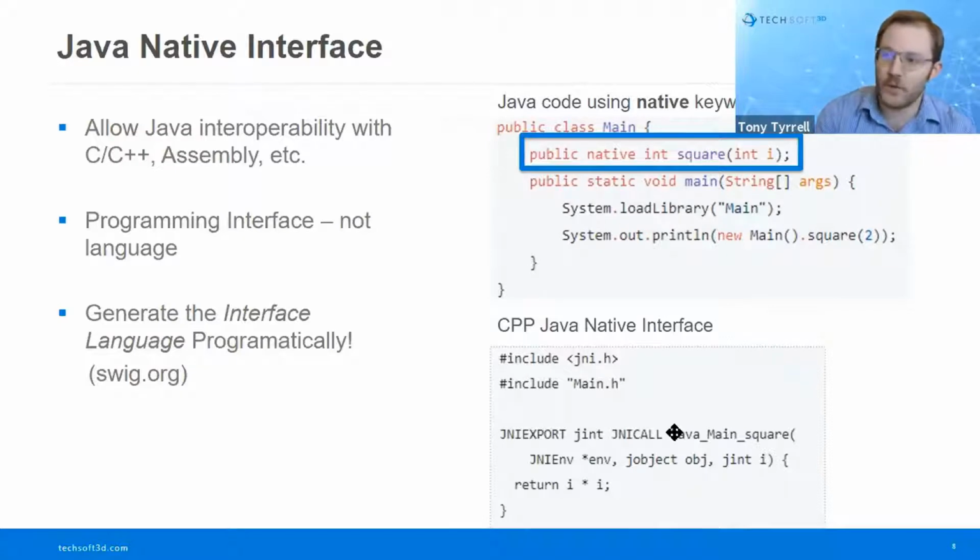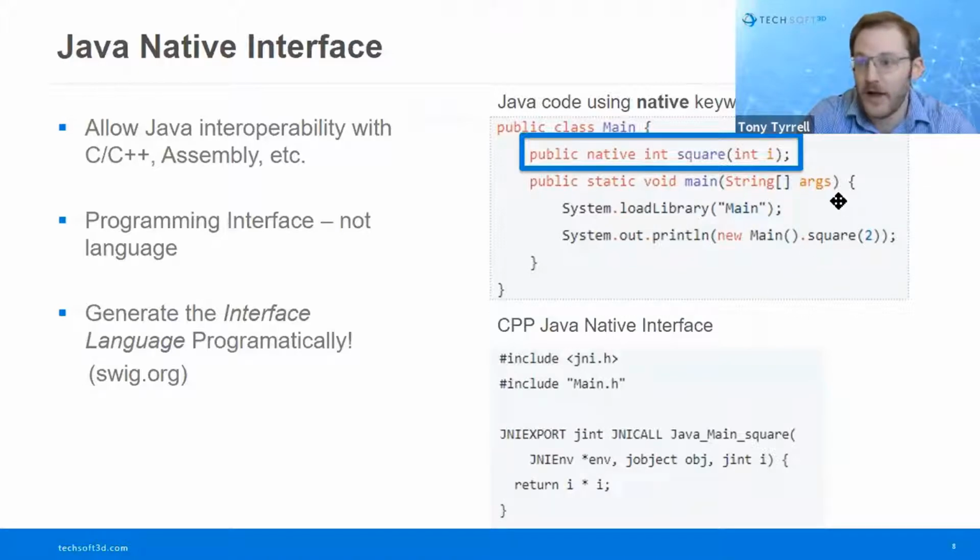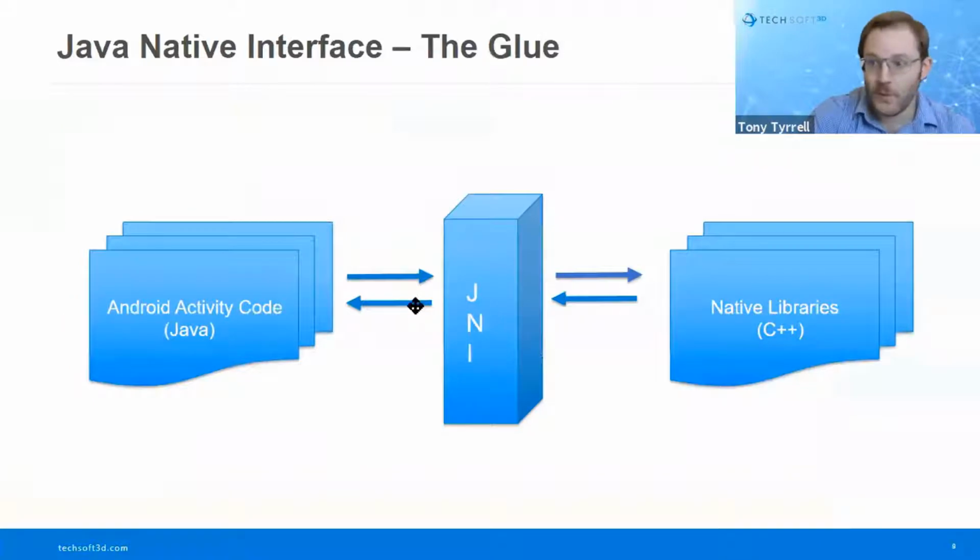These keywords and this interface structure allow the Java virtual machine to take a Java program and pass its function calls into a C++ native library, or a native library that has been linked. If you want to look at it from a visualized aspect, this is what the Java native interface allows you to do.